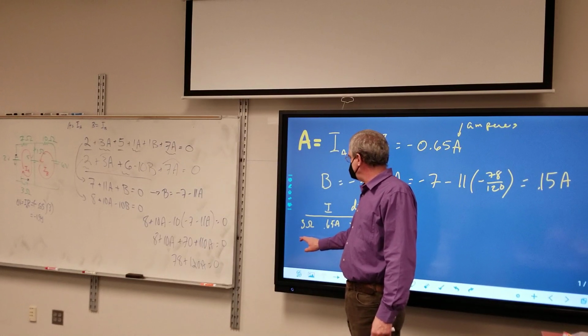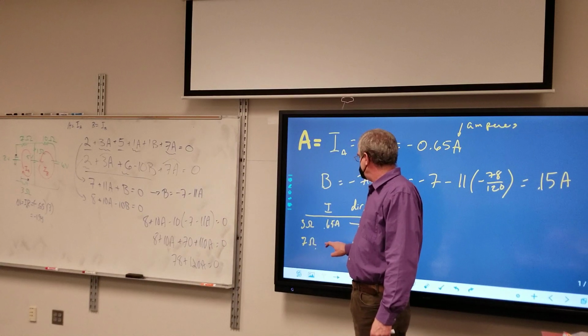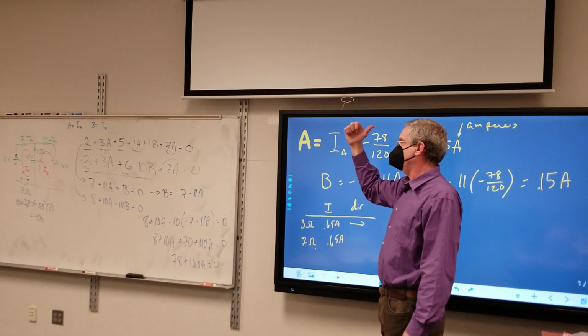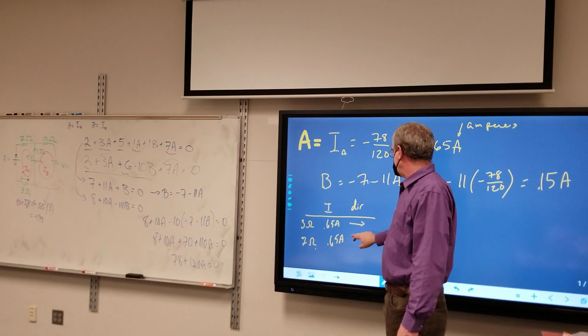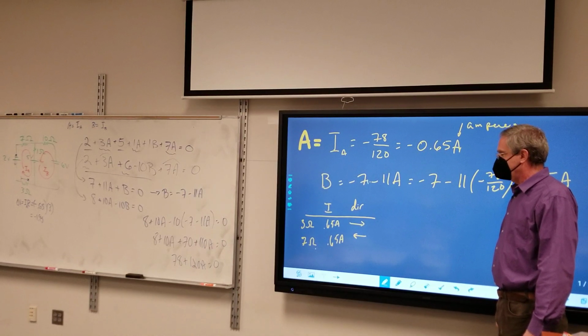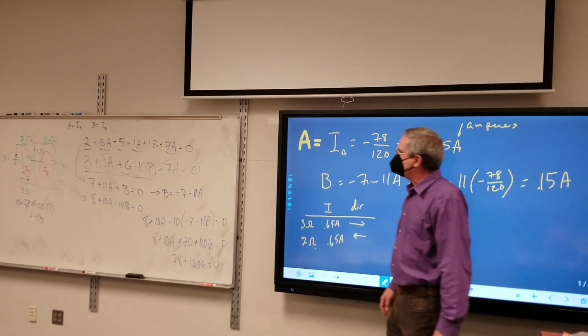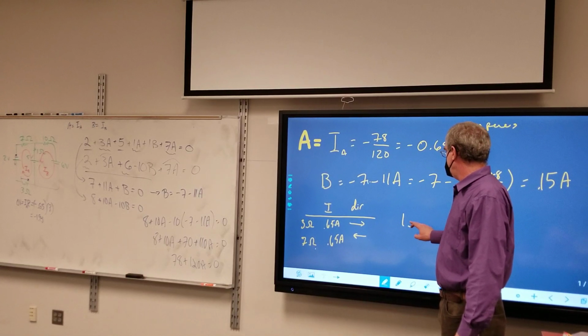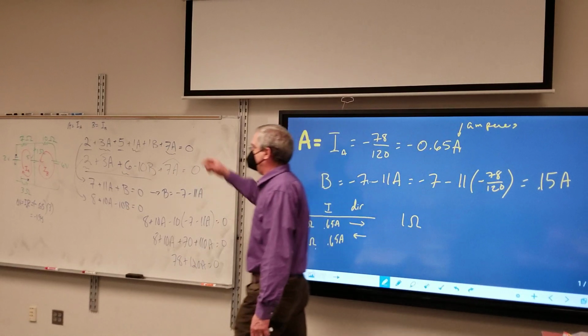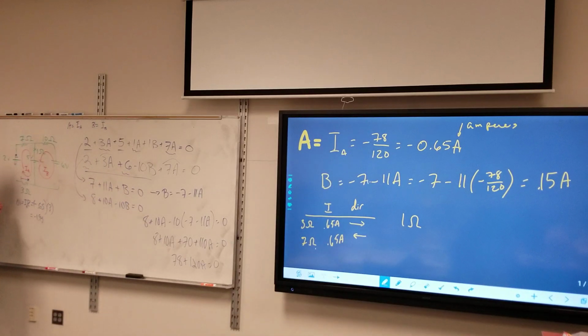And then for the 7 ohm, 0.65 amperes. And I originally said it was going to the right, but because it's a negative, it's going that way. The 1 ohm resistor. All right, well, I originally said that A was going, that they're both going down. But since A is negative, that's actually 0.65 going up, and the other one was 0.15 going down.